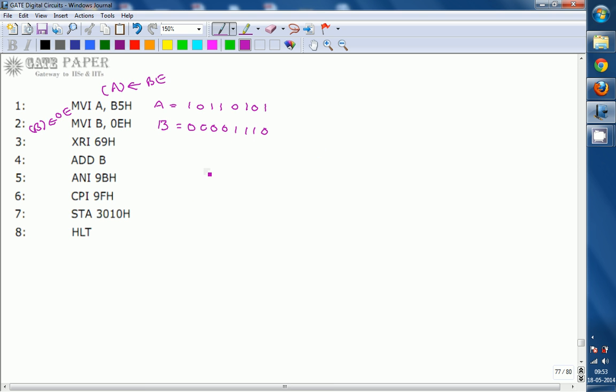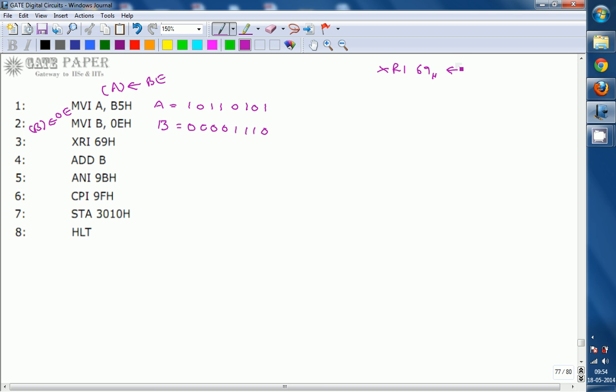Now next is XRI 69H. The meaning of this is XOR operation immediately. I implies immediate. XOR immediate with the contents 69 and the accumulator, and load the accumulator with the result.